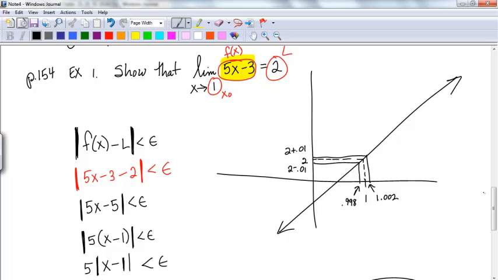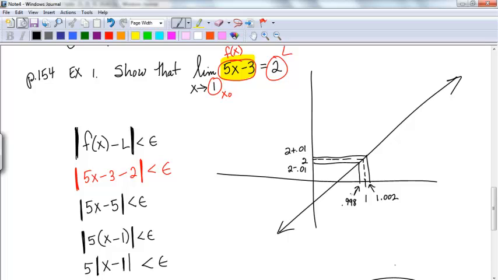You want the line and the horizontal line. And there's my 0.998, and the other one should end up to be 1.002. So, what would my delta here be? My delta is 0.002.